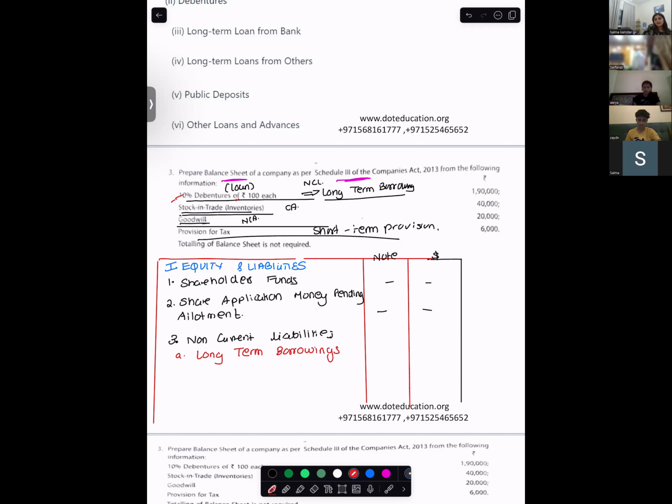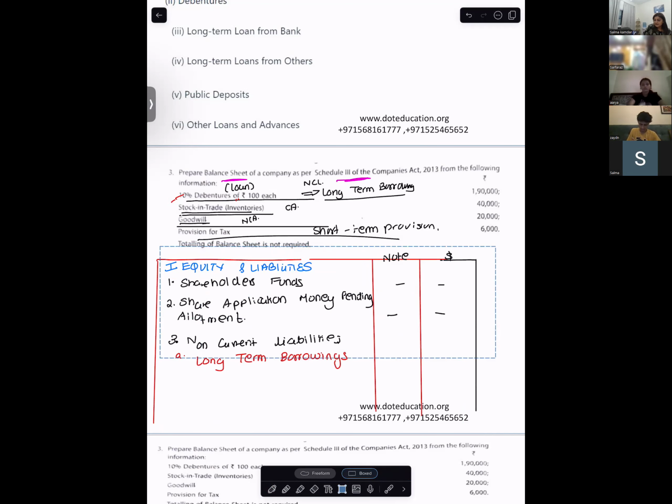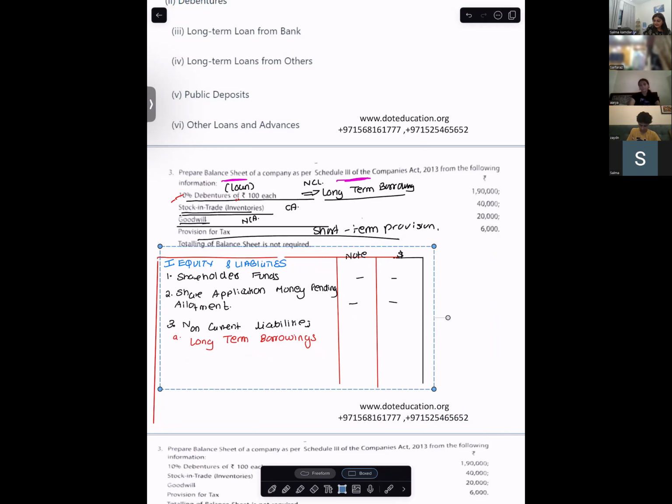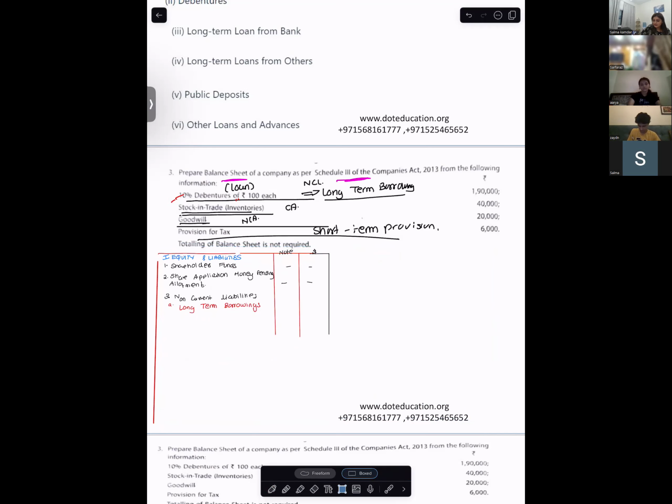In my balance sheet, I can only write long-term borrowings. But I need to show my shareholders what is coming in long-term borrowings. Correct? So in that scenario, what will I do? I will create a note to accounts. So this will be my note number 1.